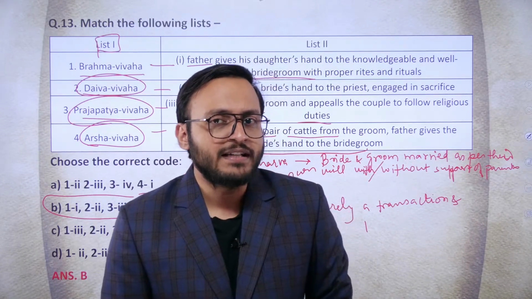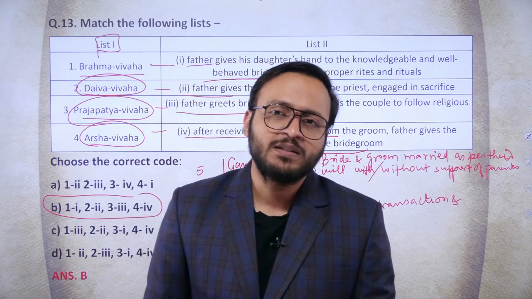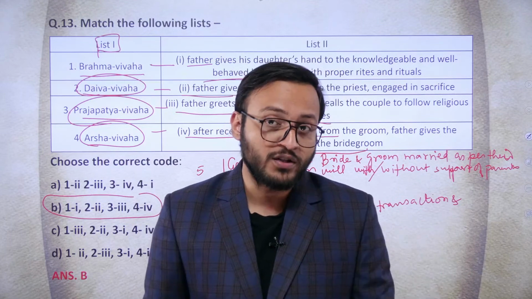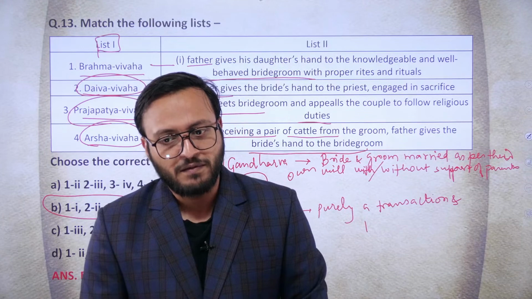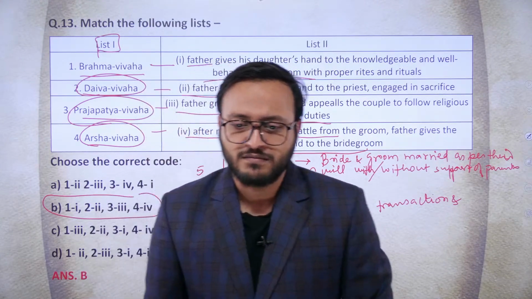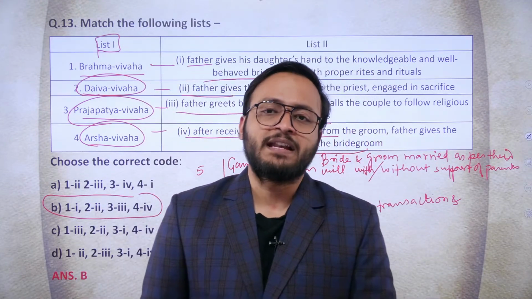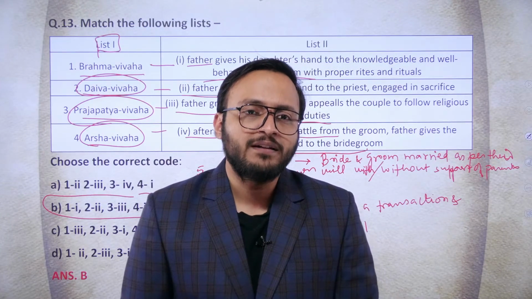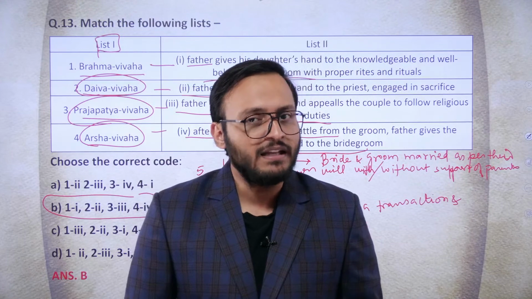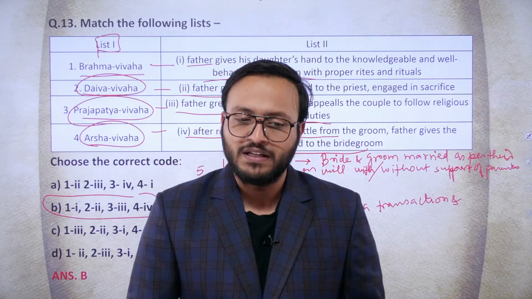Or whenever the father thought that the girl should be sold to somebody, that is also a type of Rakshas Vivah. So Asura and Rakshas, both these marriages were commonly practiced by the local inhabitants in the early or ancient periods.